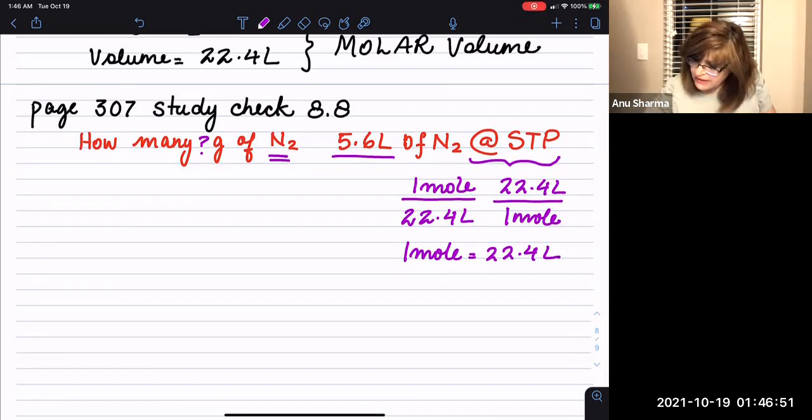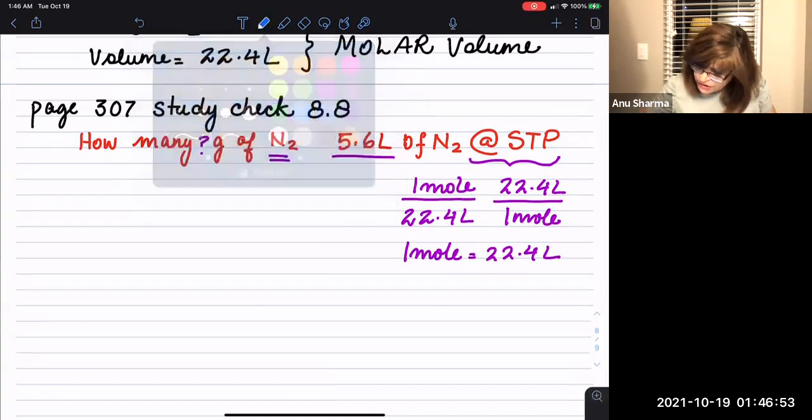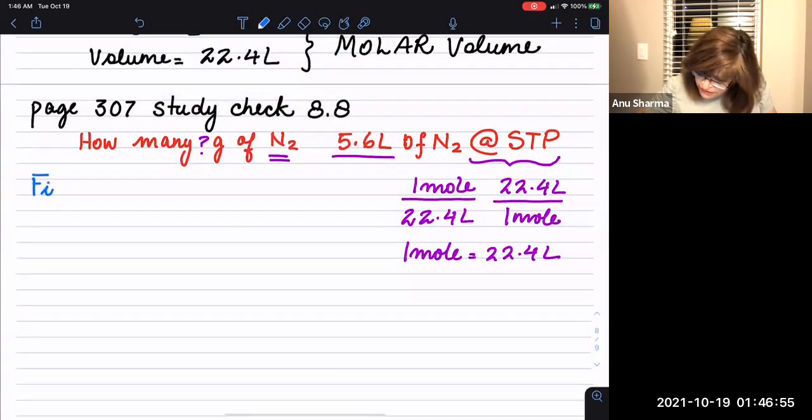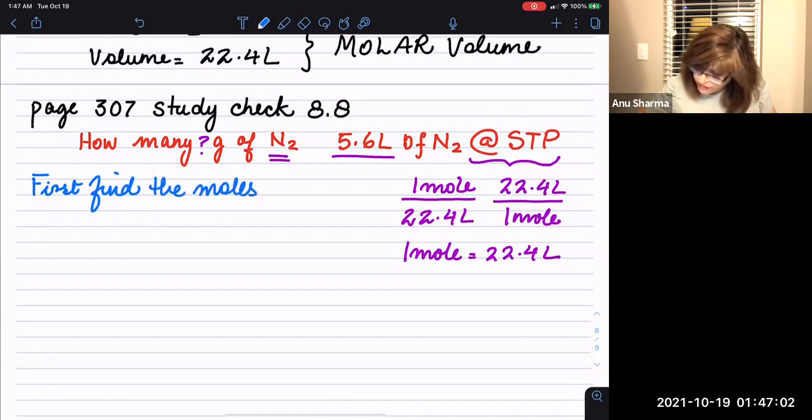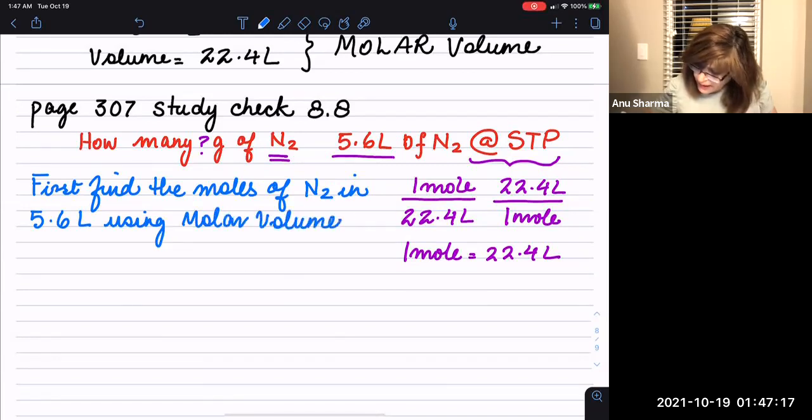First, let's find the moles of nitrogen in 5.6 liters using molar volume as the conversion factor.